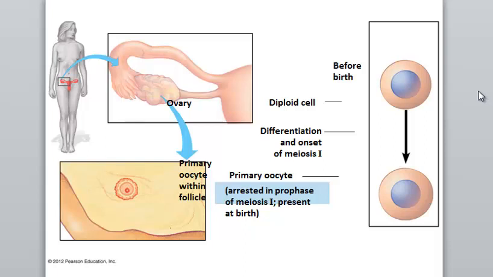You often hear people talking about how females are born with all of the eggs that they will have for their lives. It's not entirely true. This is not an egg right here. It's a germ cell. It's a diploid cell that will become an egg. The eggs still have to go through meiosis to form, and that's our monthly cycle that we'll talk about for females.